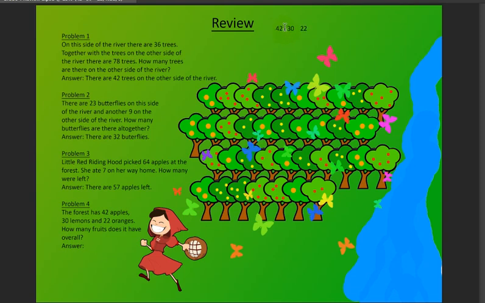And it's asking me how many fruits there are overall, meaning that I need to put all these numbers together to find how many there are overall. Putting things together means we need to add. We need to do 42 plus 30 plus 22.